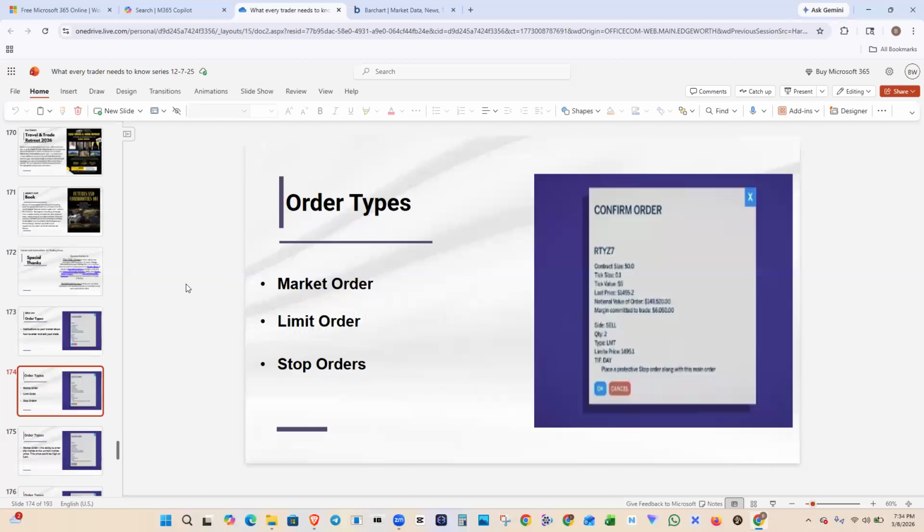There's a bunch of different types of orders, but here's what we want to talk about: a market order, a limit order, and a stop loss order, or a stop order.